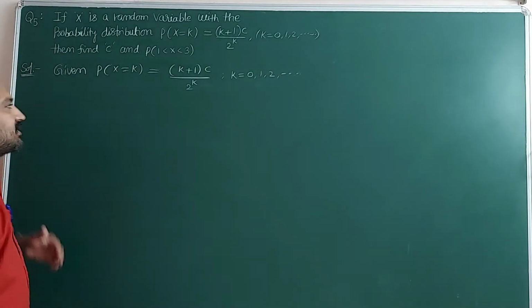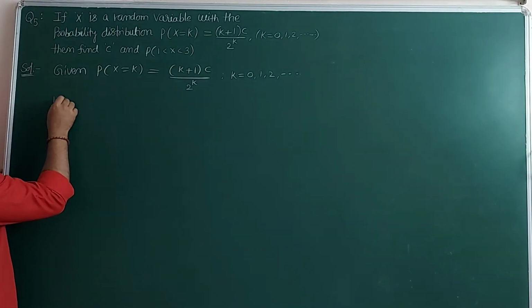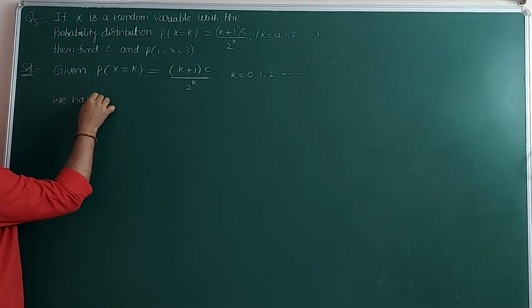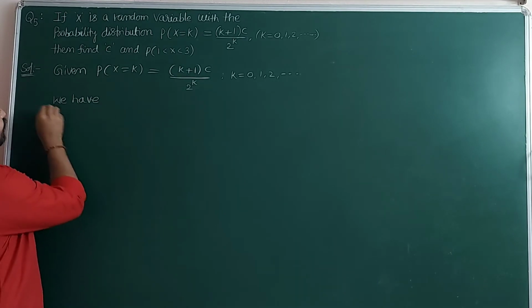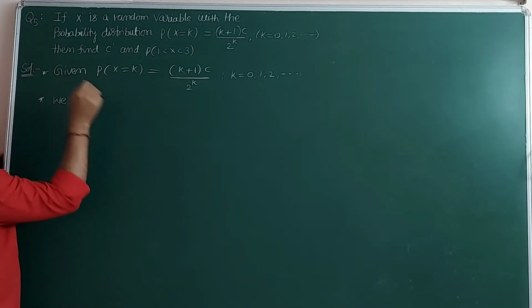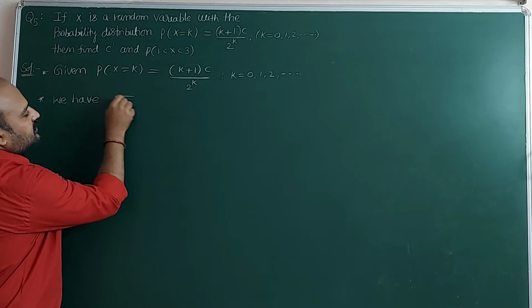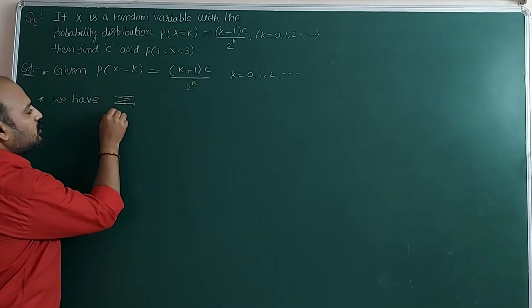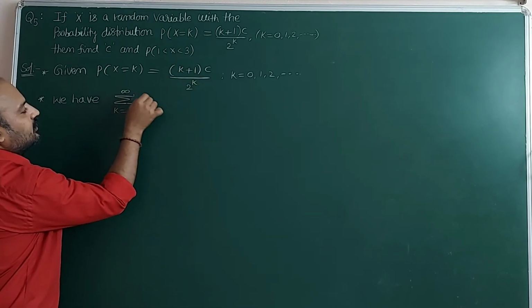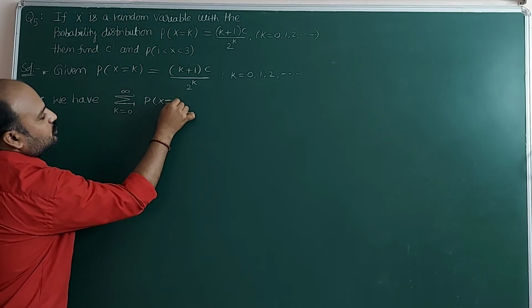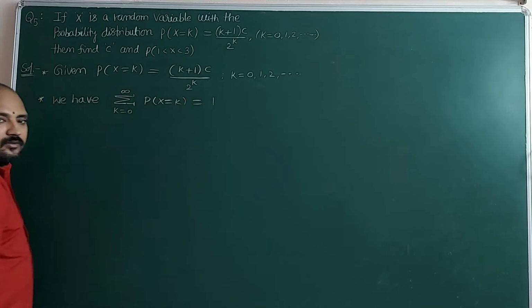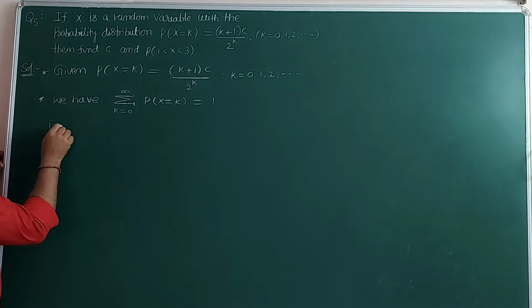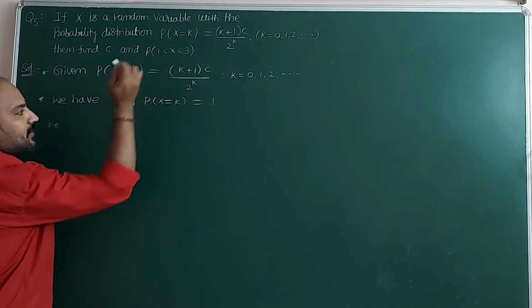So we know that the sum of the probabilities is equal to 1: sigma k is equal to 0 to infinity, P of x is equal to k is equal to 1. That is, in place of P of x is equal to k, replace with this value.